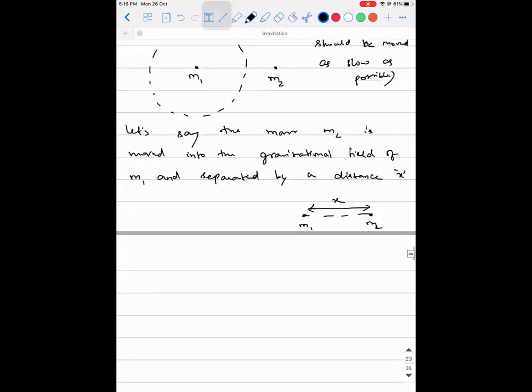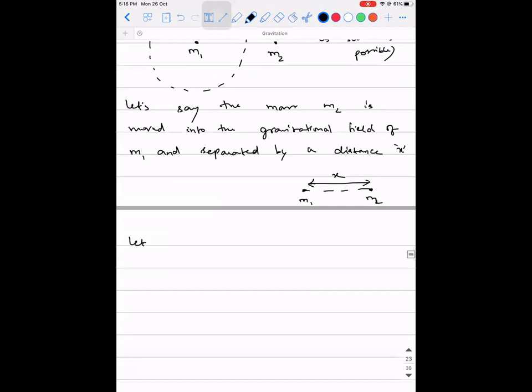Now see. Let m2 be further moved towards m1 through a distance dx.